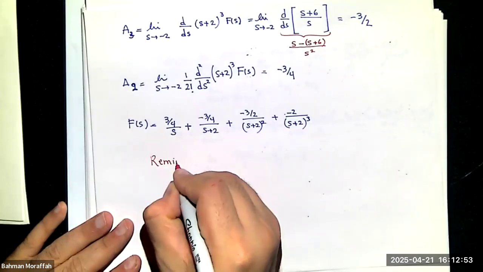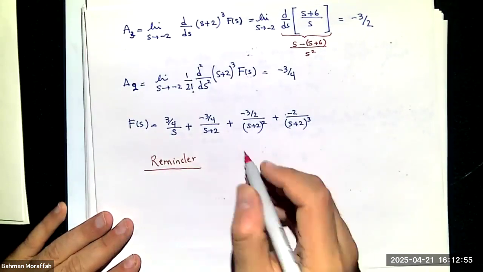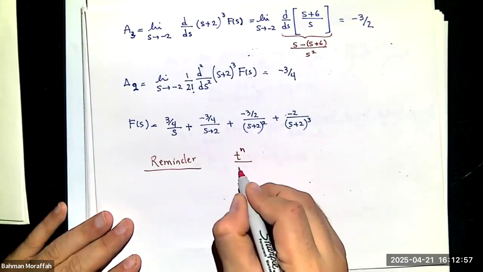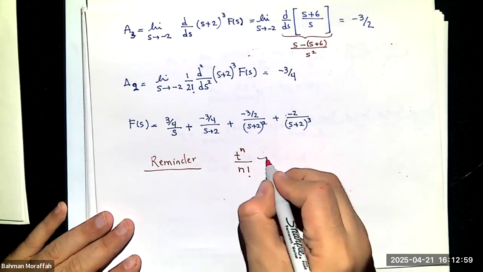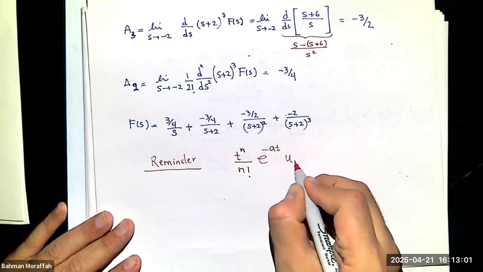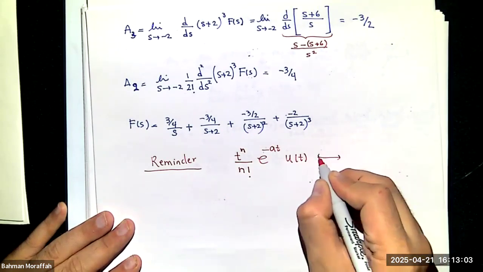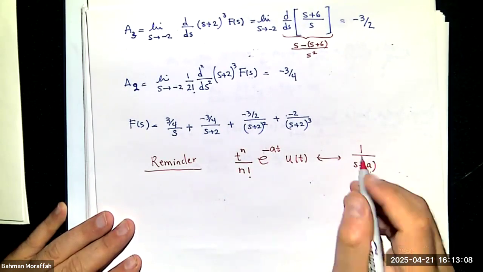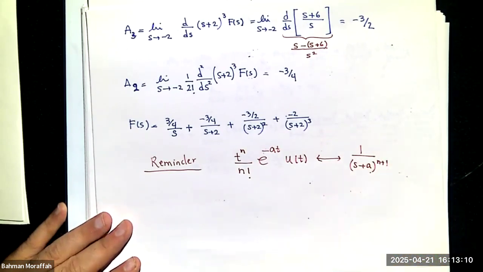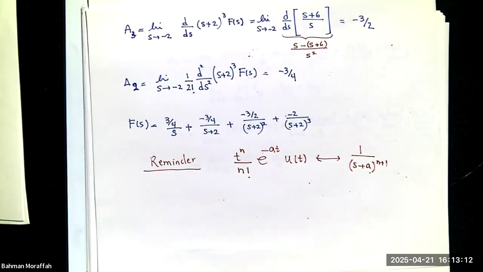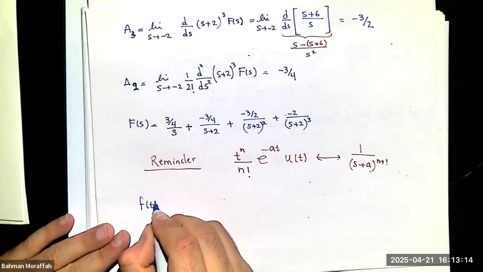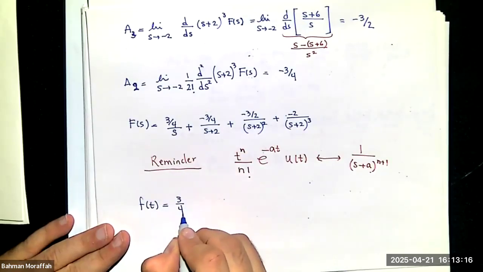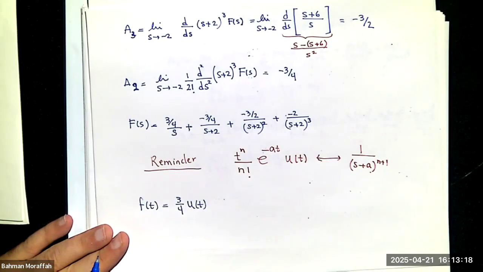Reminder: t to the power of n divided by n factorial, e to the power of minus at u(t), has a Laplace transform of 1 over s plus a to the power of n plus 1. Right? Therefore, f of t: the first term is 3/4 u(t).